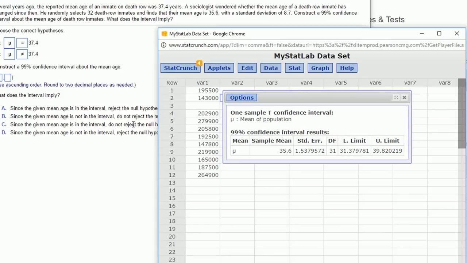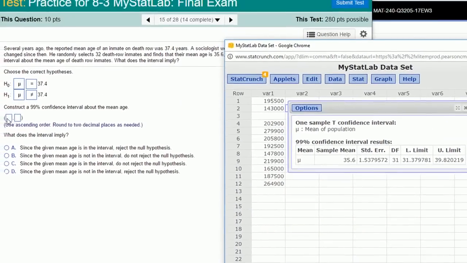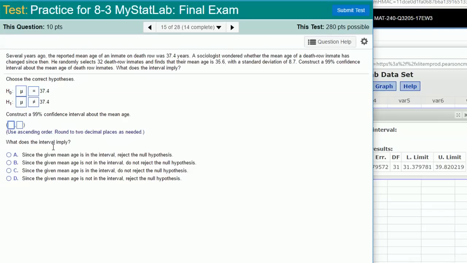This confidence interval, we'll have to copy it over first, 2 decimal places. The lower limit rounds to 31.38. The upper limit rounds to 39.82. Okay. What does that tell us? Well, 37.4 lives snugly between those two.